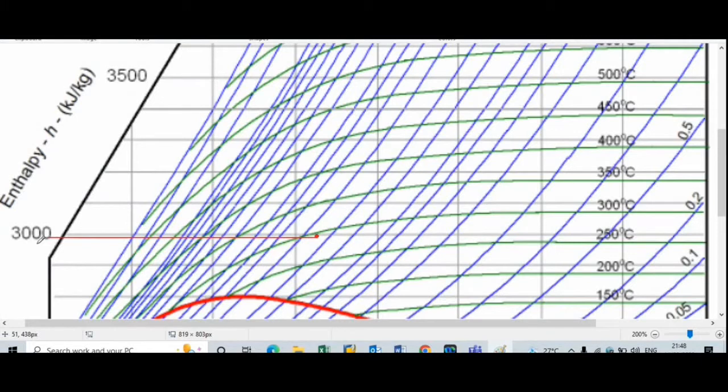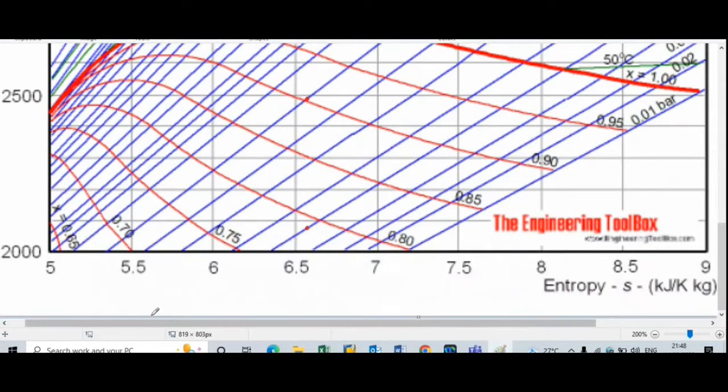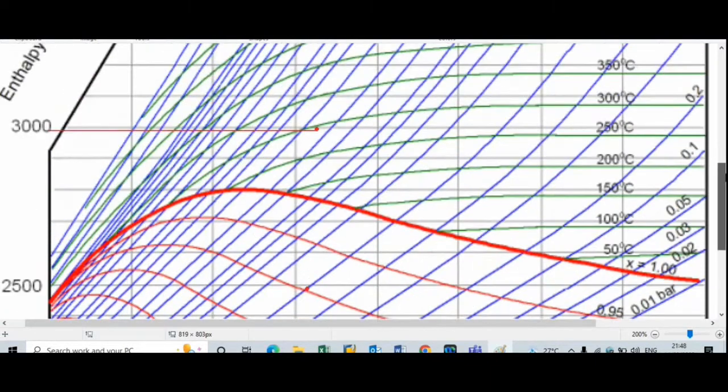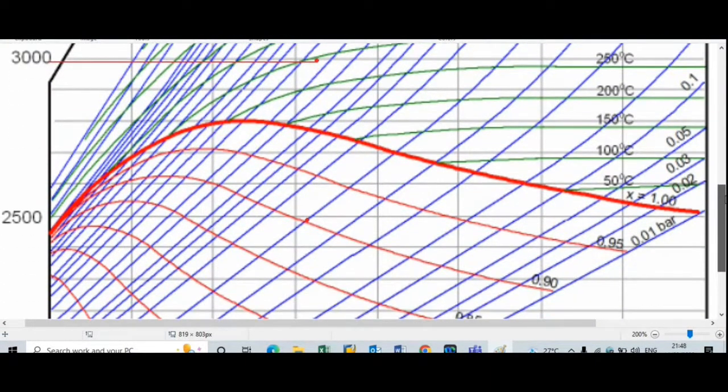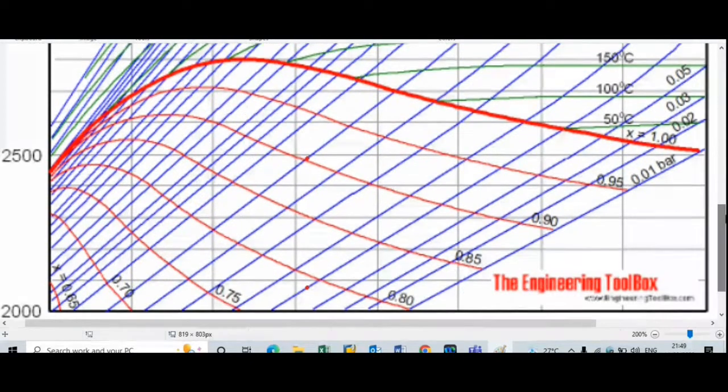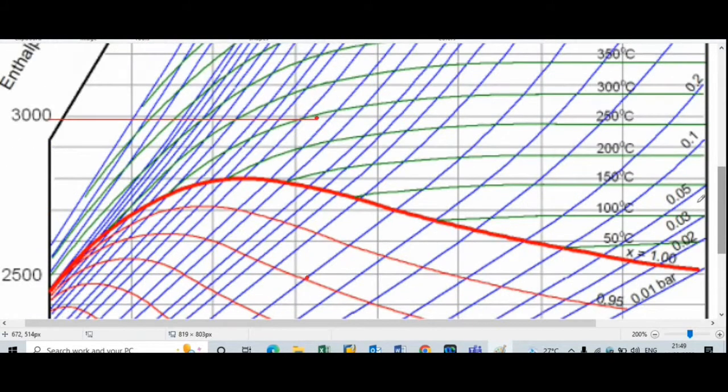Now the final condition is given as 0.1 bar, and the expansion process in the turbine is isentropic expansion. On this horizontal line entropy is given, so this entropy remains constant. So we have to draw one vertical line passing through this point 1 and extend it up to a pressure of 0.1 bar. Here is the pressure 0.1.